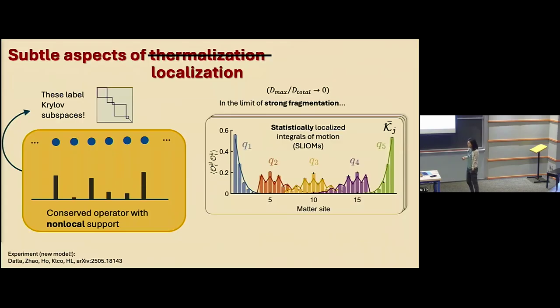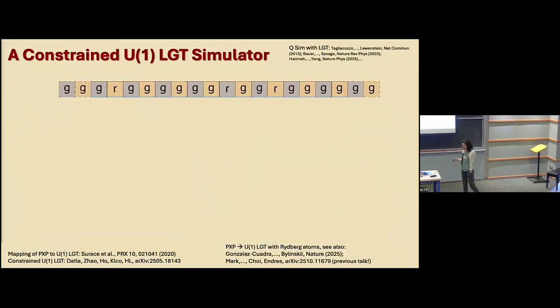And importantly, we also do this in a place where now these conservation laws actually hold some physical significance, which is using the Rydberg atom arrays as a lattice gauge theory quantum simulator. Okay, so lattice gauge theories really form an interesting basic framework for describing many aspects of physics, from the standard model to others.